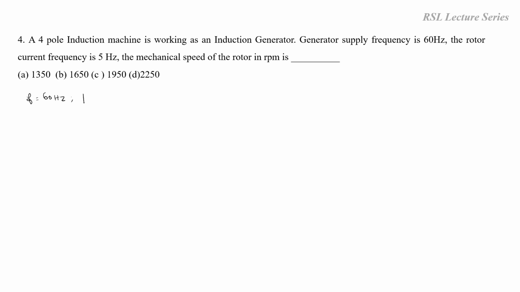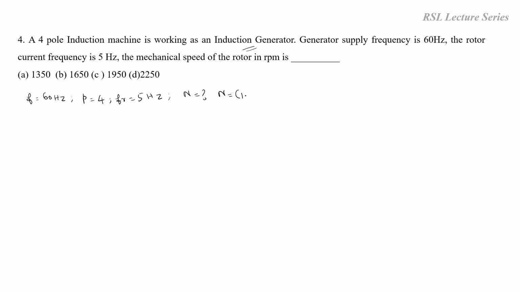Number of poles P is equal to 4. And the rotor current frequency, FR, is equal to 5 Hertz. So now we have to find out the speed of the rotor in RPM. So as usual, we have to write this N. Here, this is an induction generator.